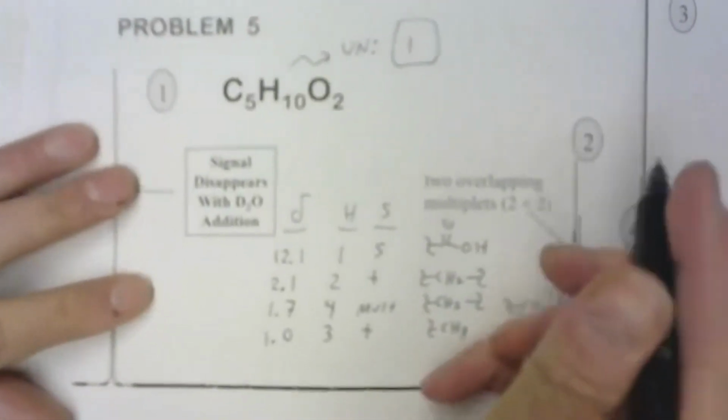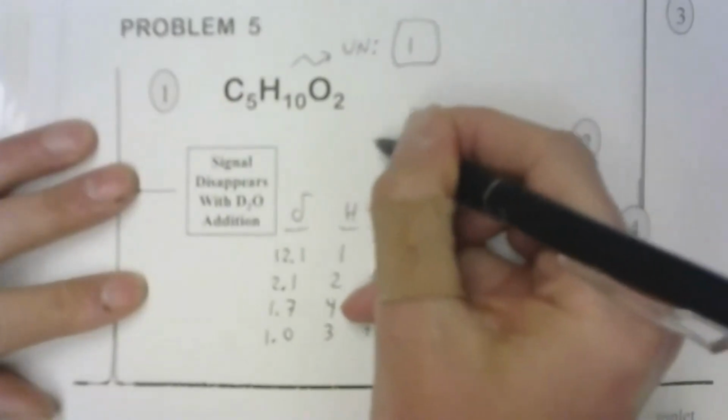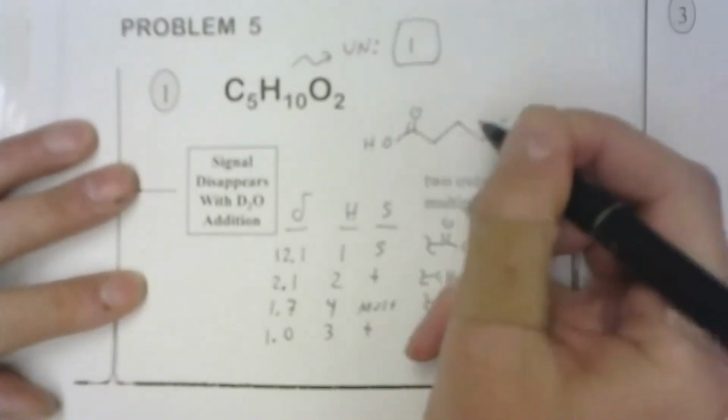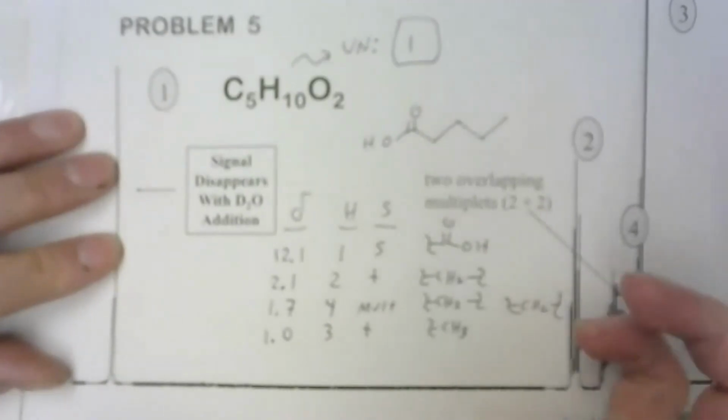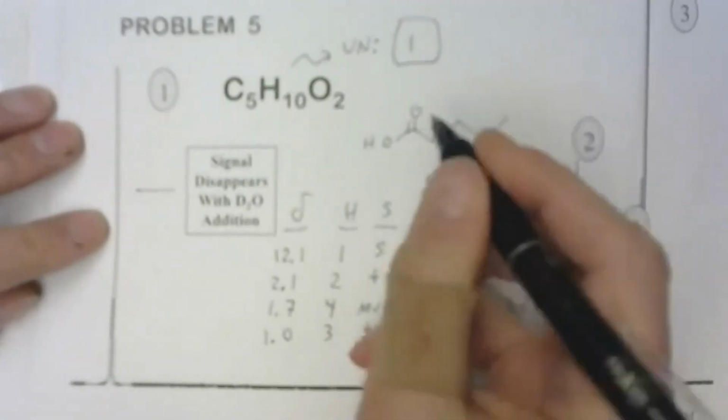Now, this is an insanely easy problem because you have a CH3 on one end and a carboxylic acid on the other end, and 3 CH2s in the middle. So you've got a big long carboxylic acid with how many carbons? 1, 2, 3, 4, 5. A 5 carbon carboxylic acid. So the answer is just pentanoic acid.